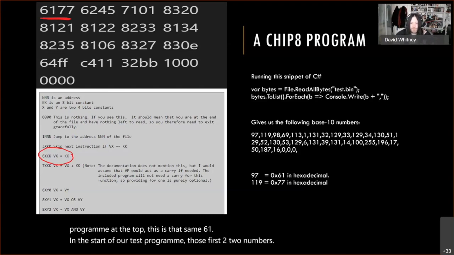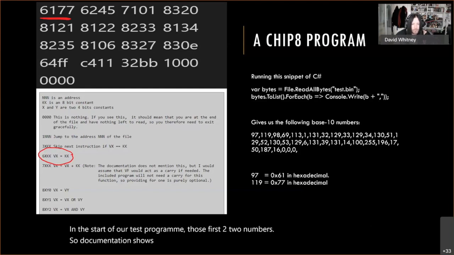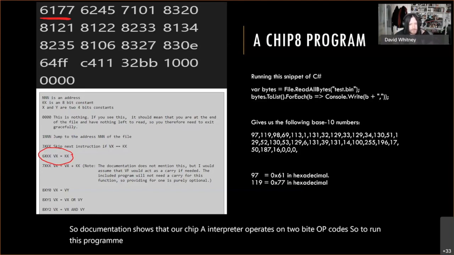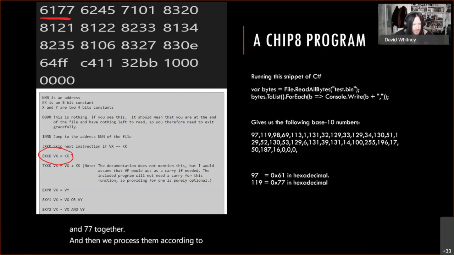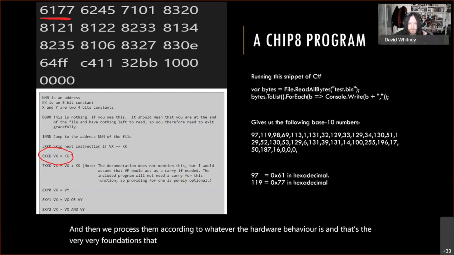Our documentation shows that our CHIP-8 interpreter operates on 2-byte opcodes. So to run this program, we need to loop through all of our pairs of bytes. In this case, we read 61 and 77 together. And then we process them according to whatever the hardware behavior is. And that's the very, very foundations, the fundamentals of emulating anything.